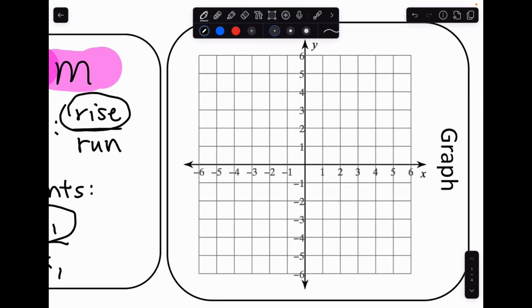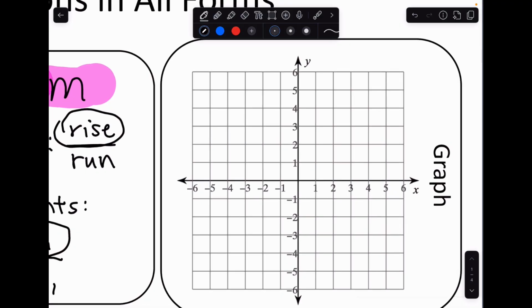Now, on our graph, we've gone over this, but just in case you need a reminder, on a graph we have our y-axis, which is super important for our y-intercept. So remember, our y-intercept is where our line crosses this axis at a certain point.